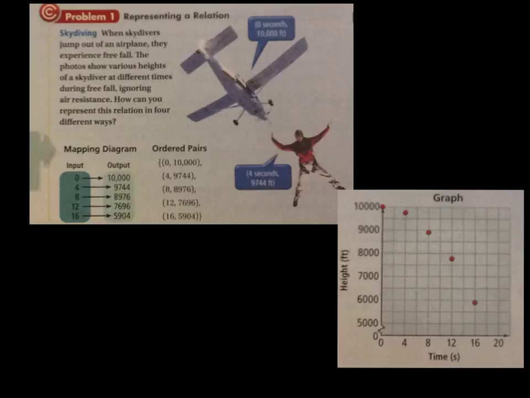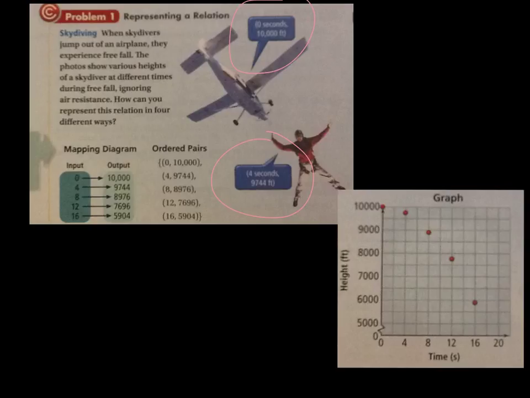So in our diagram with the airplane, we are told that at 0 seconds, the height of this free-falling skydiver is 10,000 feet. And then we have a second picture. After 4 seconds, after this person has left the airplane, they're now at a height of 9,744 feet.